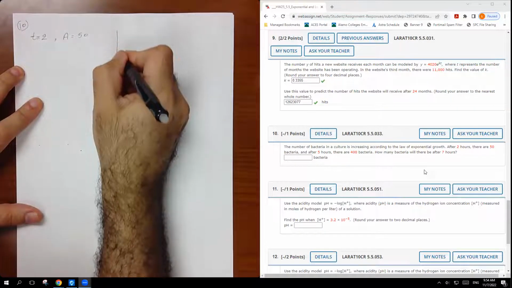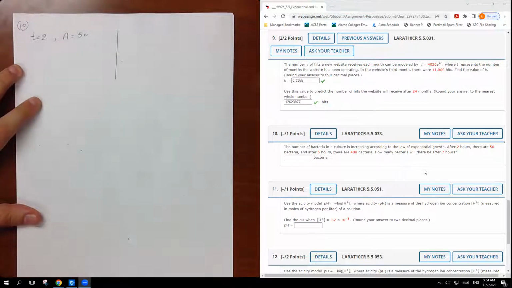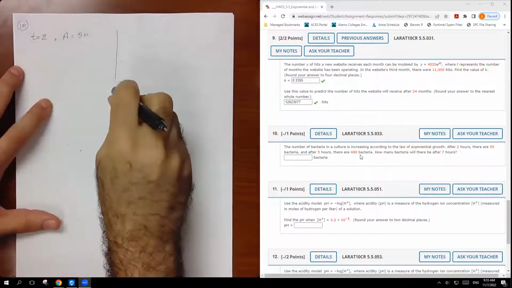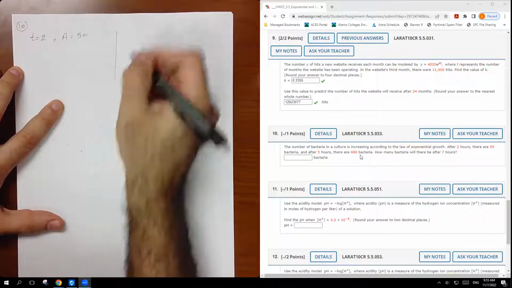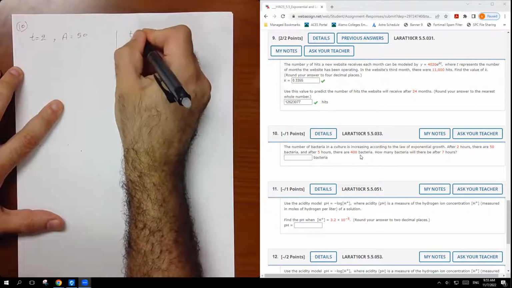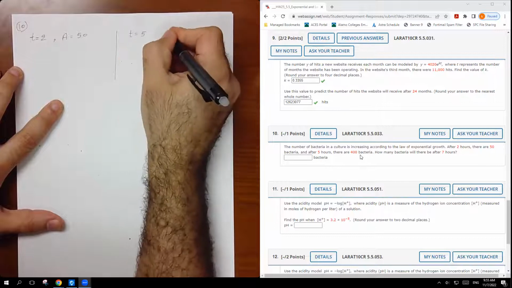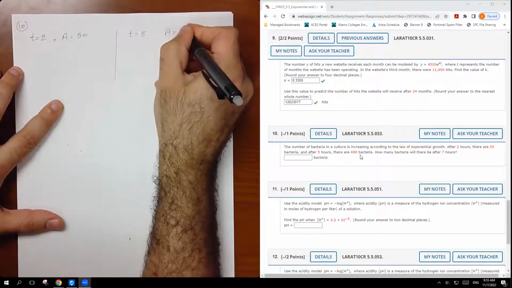I'm going to put a line here. The second part, they're telling you after 5 hours, there are 400 bacteria. So in 5 hours, when time equal 5, there are 400 bacteria.